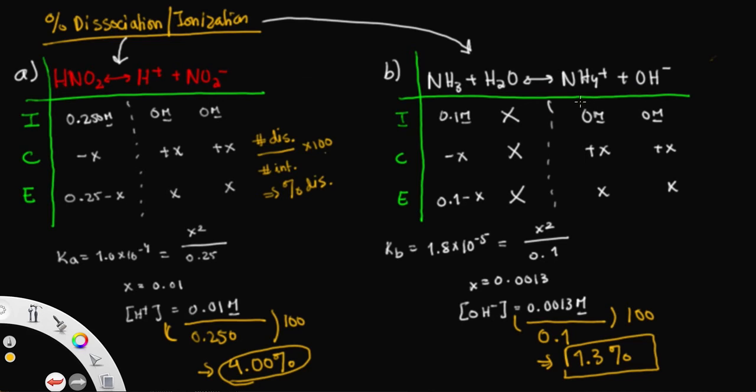So bases, ionization. This weak base ionized to 1.3%, while this weak acid dissociated 4%. It's pretty much the same thing, same formula really, but they're just different names. Bases are ionization and acids are dissociation.